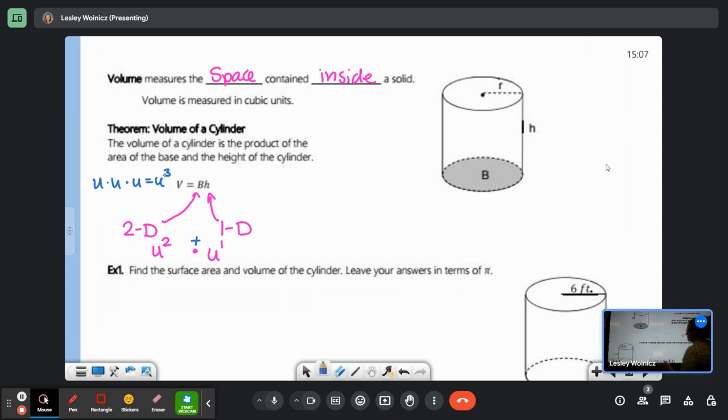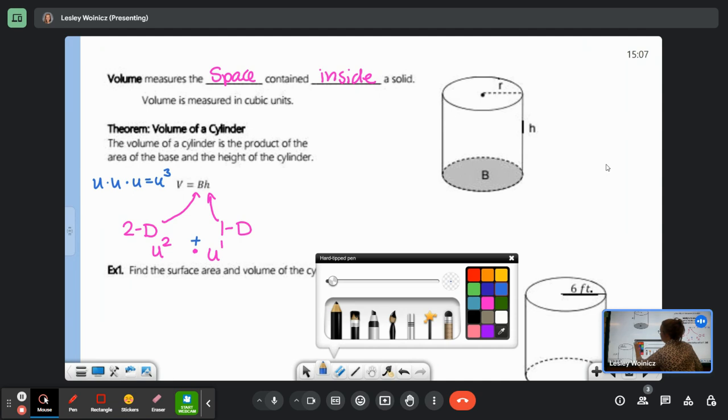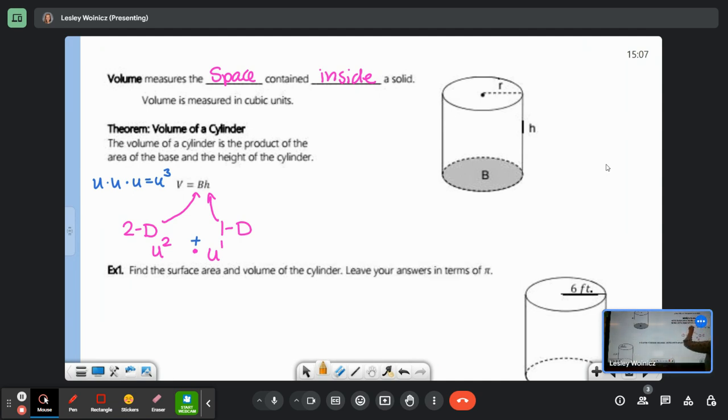All right, the base inside of our volume. For the base in our volume is the area of our circle. So that would be pi r squared. This is our big B. And then we just multiply that with the h.